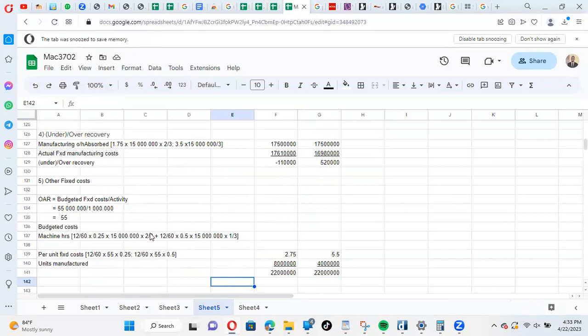I was going to ask, aren't we using that 2.75 against that 55 million? Or do we have to work against the total units manufactured? Or only use the machine hour against that cost?